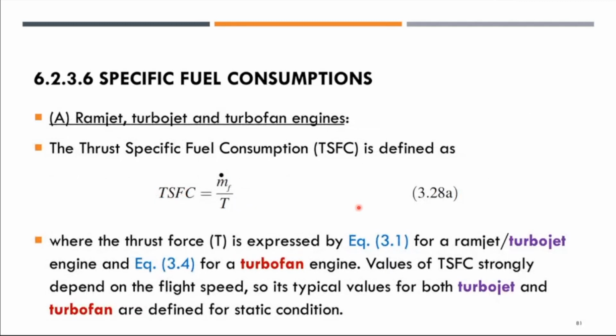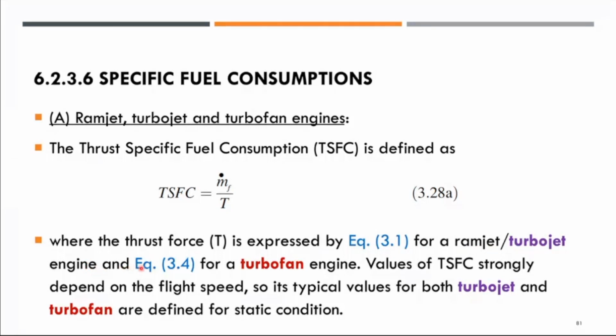Let us first look into the family of ramjet, turbojet, and turbofan engine. The thrust-specific fuel consumption, TSFC, equals the mass flow rate of the fuel over the thrust force, which is expressed in equation 3.1 earlier, and for ramjet or turbojet engine.